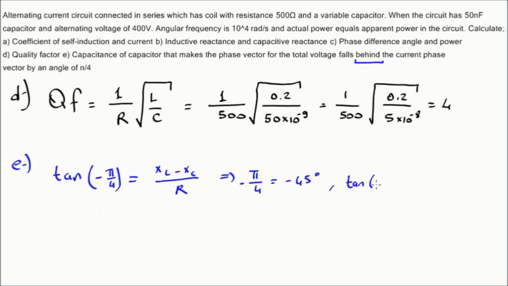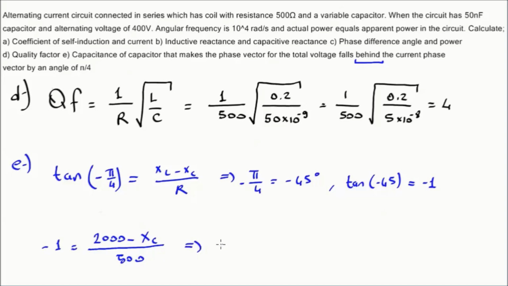Tangent minus 45 equals minus 1. So minus 1 equal XL, which is 2000, minus XC, because XC is unknown, over R, which is 500.